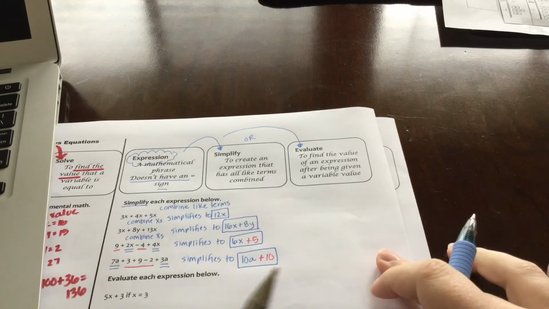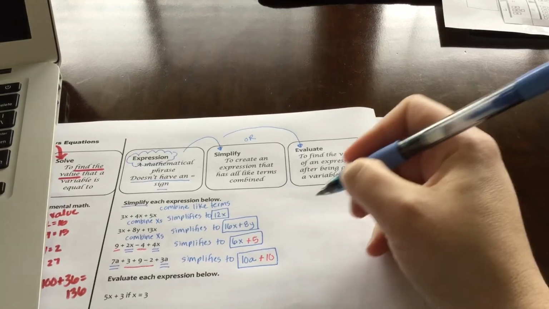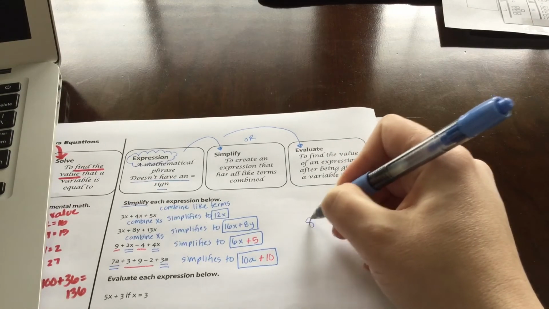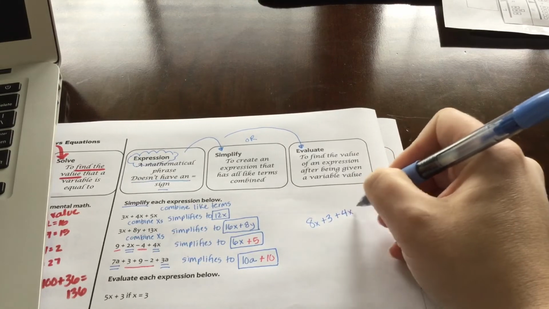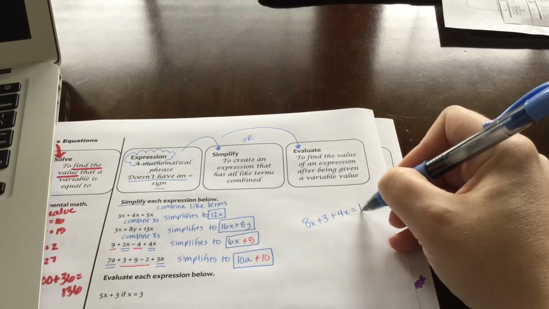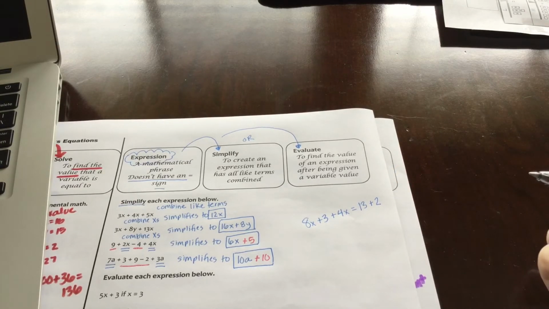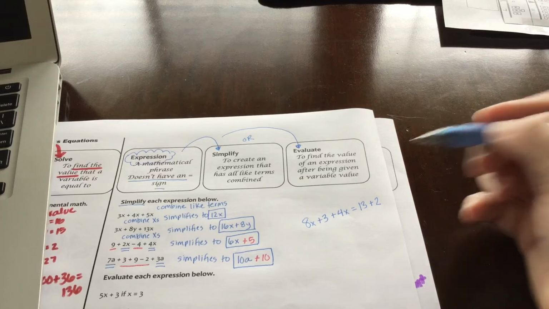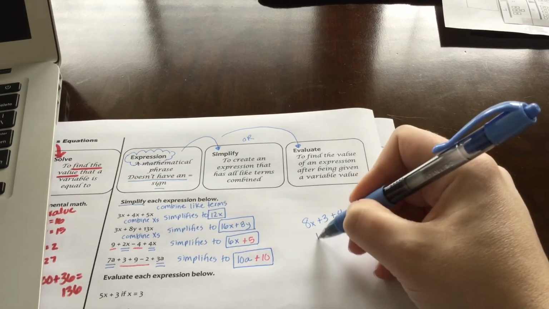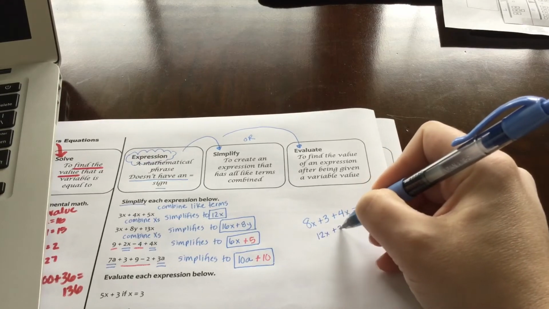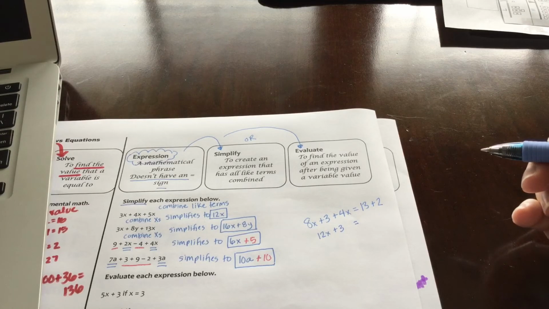To be fair, you can also simplify equations. For instance, if your equation were 8x plus 3 plus 4x equals 13 plus 2, you could simplify your like terms that are on the left-hand side. 8x plus 4x would equal 12x. And you could simplify any like terms on the right-hand side.